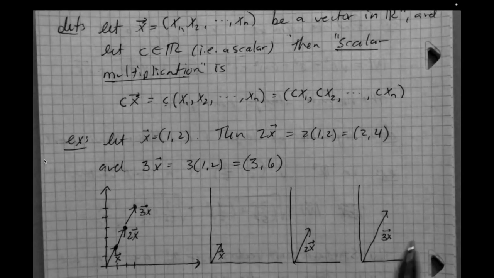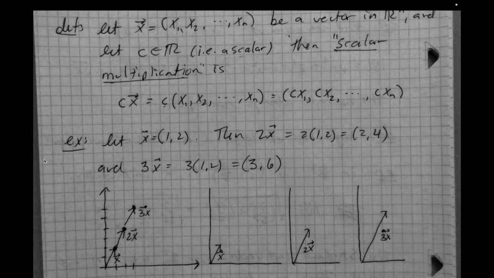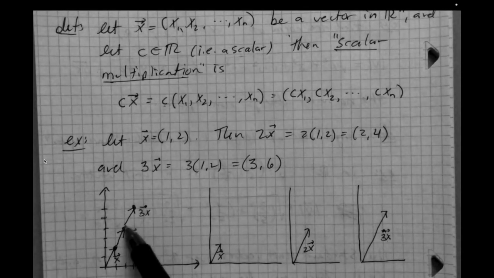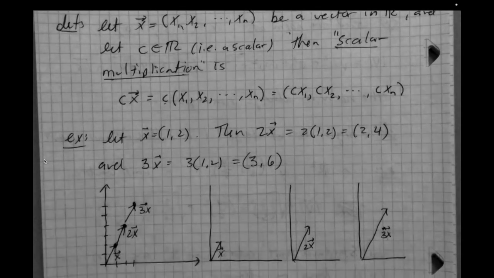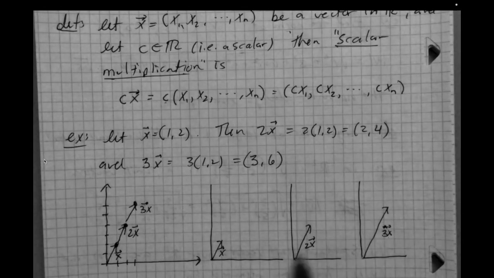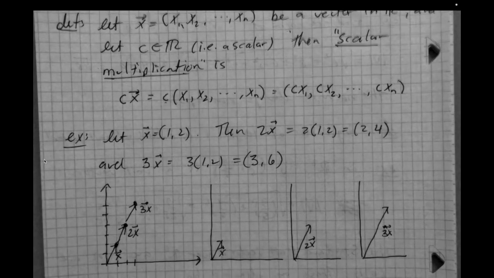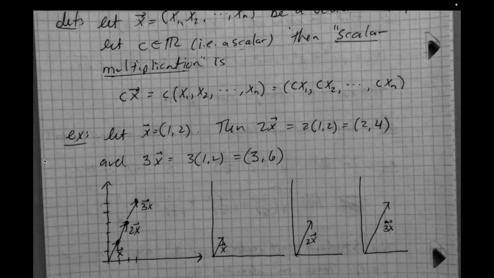But we are not talking about the points. We're talking about the directed line segment that starts at the origin and ends at some point. It ends at the points, in this case, 3, 6, 2, 4, and 1, 2. All right. So that's scalar multiplication.